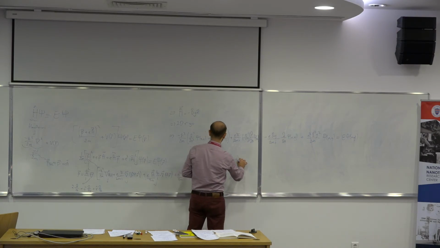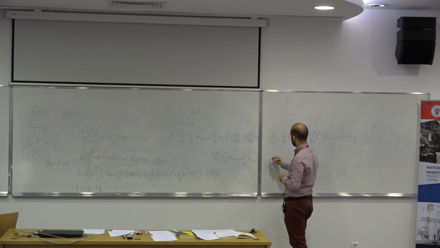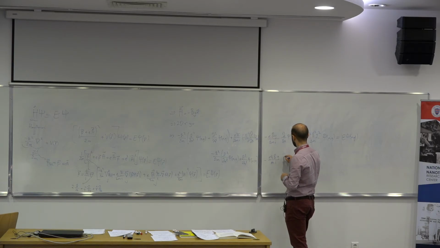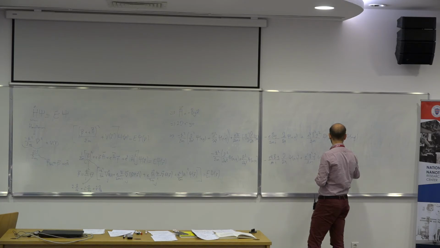It's (p_y + eBx... ) i.e. y plus del y squared plus this guy plus minus e h bar B y divided by 2m, I del by del x psi(x,y) plus e squared B squared y squared over 2m psi(x,y) equals E psi(x,y).